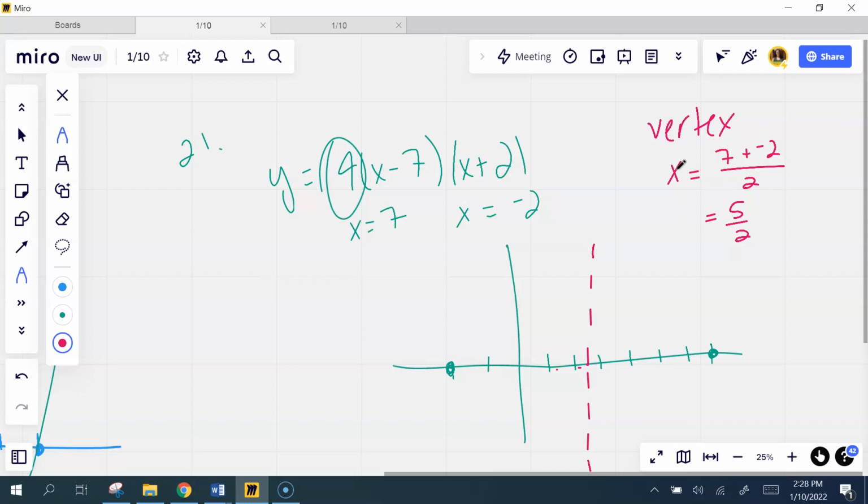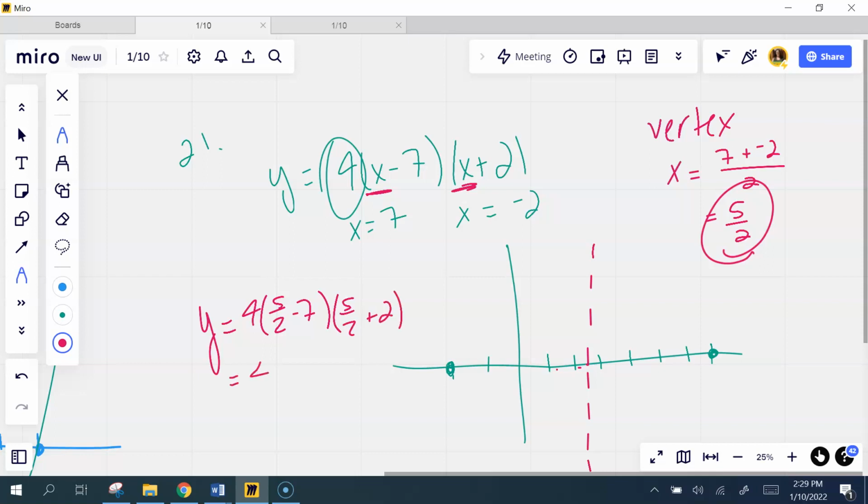And now, of course, I need to plug this value in for the x's in my equation here. So I'm going to come to this other side here. Y equals 4 times 5 over 2, which is 2.5, minus 7, and 5 over 2 plus 2. If you like the decimals, then we should get -4.5 and positive 4.5 here, and multiply those out.